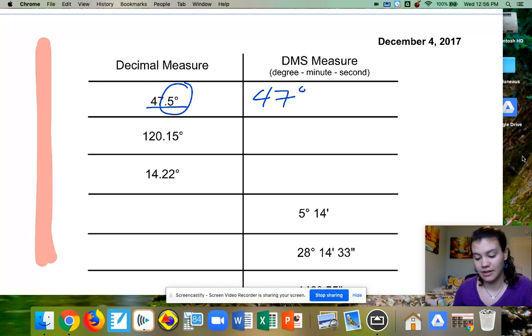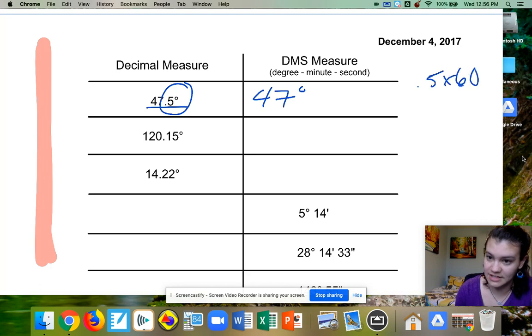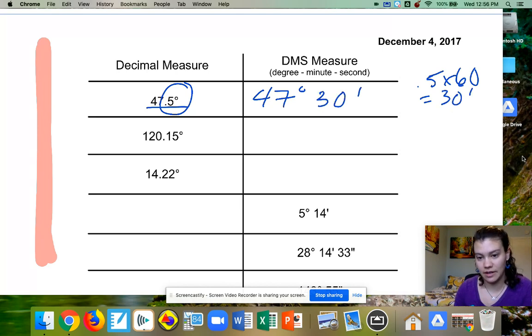The same idea applies here. So you can take 0.5 times 60, and that's going to give you your number of minutes, which is going to be 30 minutes. Here we're done because we're a nice even number. There's no decimals, nothing else we need to do. If there was decimals, we would need to continue on. So at this point, pause the video and try 120.15 degrees and 14.22 degrees, and then check your answers with me.